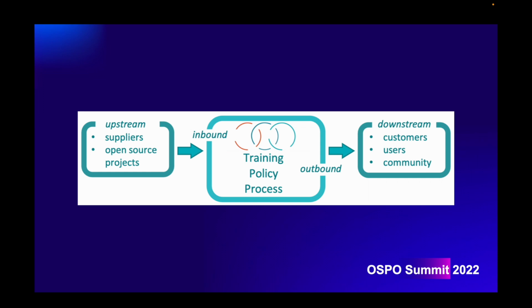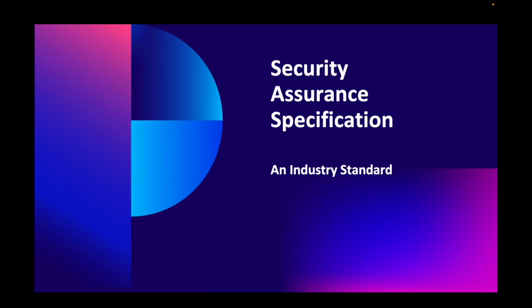But then we went further. We did something that's very common in open source called forking. We forked the license compliance standard and made a sister standard for security. In other words, we took the same basic standard, we took out the license compliance specific parts and added in some security specific parts.